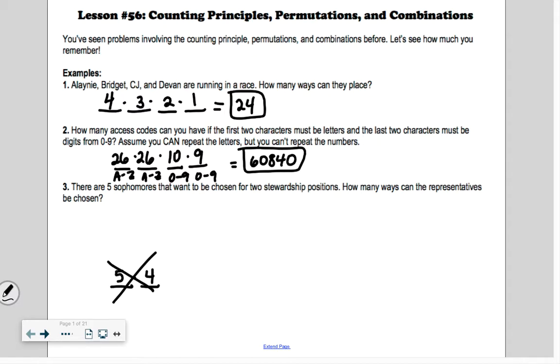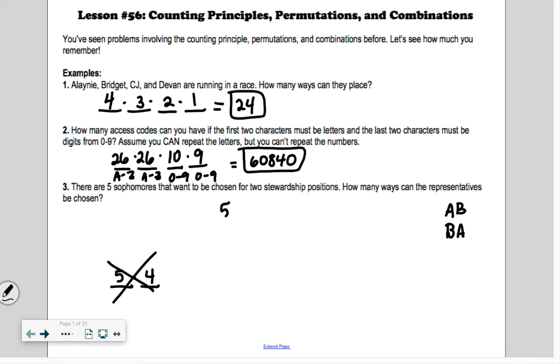So if I take my letters A and B, like Eleni and Bridget, and talk about Eleni being in the first spot and Bridget being in the second, this combination, AB and BA, is actually the same for stewardship, right? The 2 of them are chosen. They're both there. Does that make sense? So we end up dividing by the number of repeats. And the way you can repeat 2 people is you can divide by 2, because I could have AB or I could have BA.